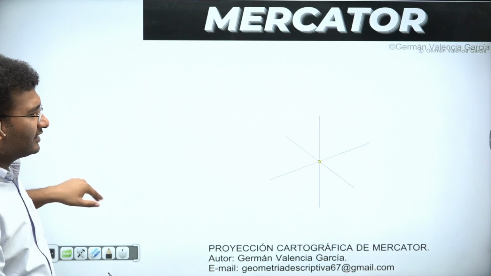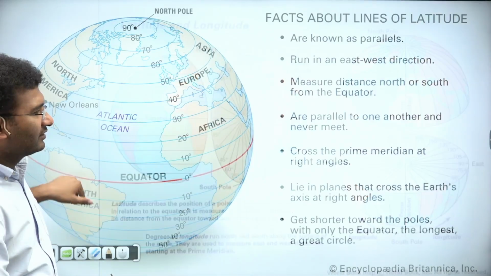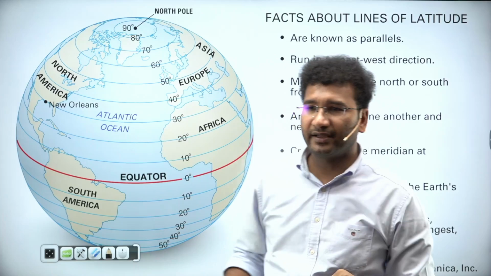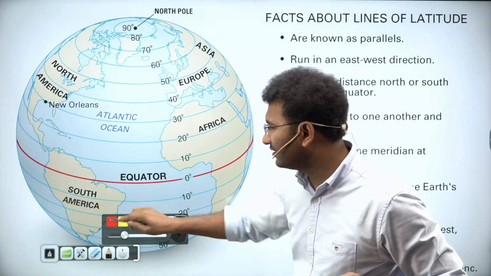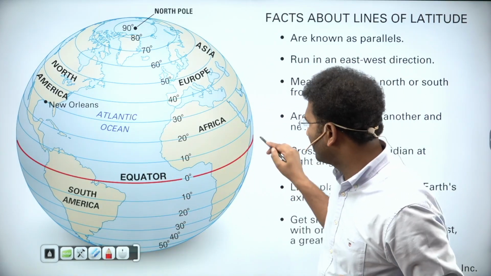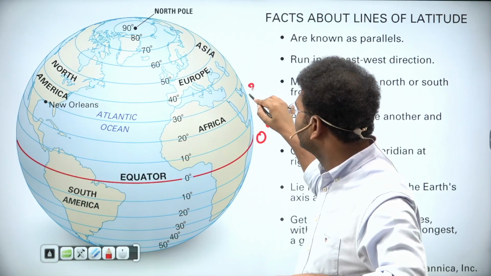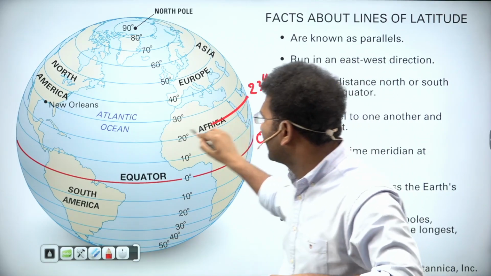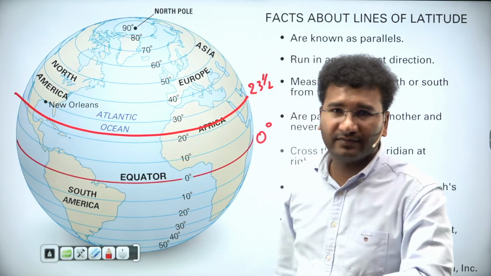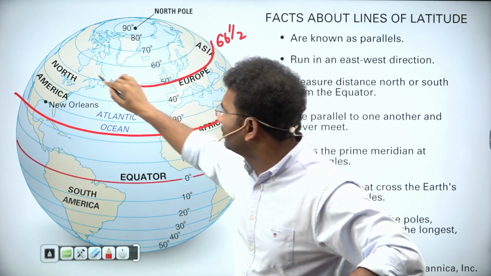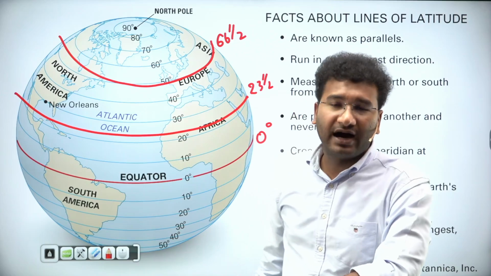Now, a very interesting aspect of latitudes is that they are known as parallels. 0 degrees latitude is called the equator. 23.5 degrees north latitude, you'll call the Tropic of Cancer. 66.5 degrees north latitude, you'll call the Arctic Circle.